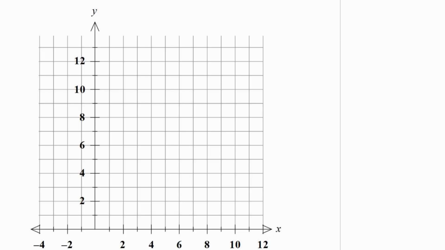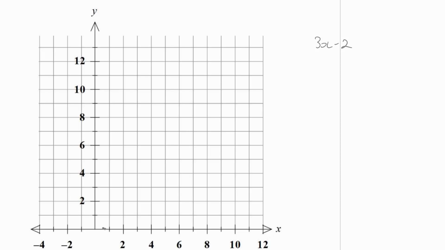Now, that is going to be 0. So we're looking at 3x minus 2. That is going to be 0 when x is 2/3. So that's going to be somewhere around here.